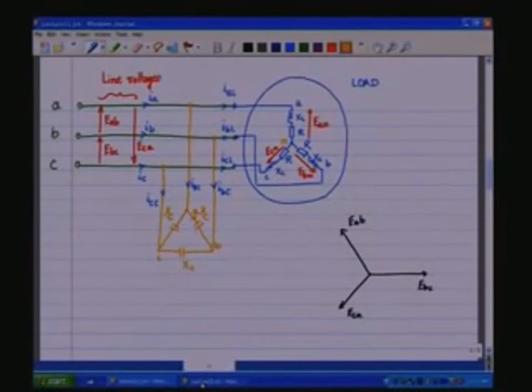So, coming back here, for the capacitive network, you will see that IAC is going to lead EAB.